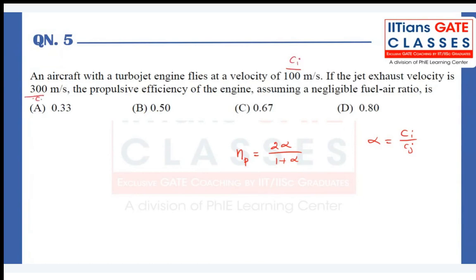So alpha is going to be 1 by 3. If I use that, 2 into 1 by 3 divided by 1 plus 1 by 3, so it is 2 by 3 divided by 4 by 3. The 3 cancels, so it is going to be 2 by 4. It is 0.5. So option B, 0.50, right?